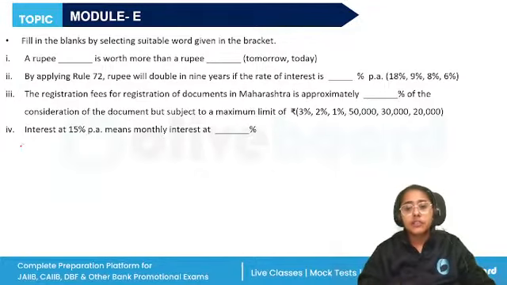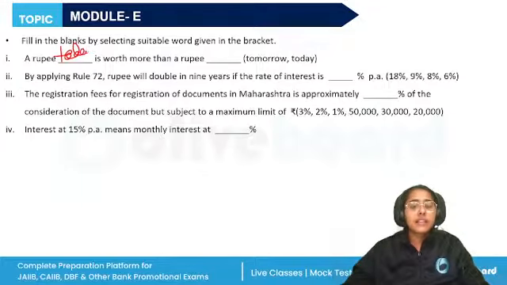So here we are sort of talking about the mortgage advice. So the correct answer will be a rupee today is worth more than a rupee tomorrow. So in the first blank there will be today and in the second blank there will be tomorrow.